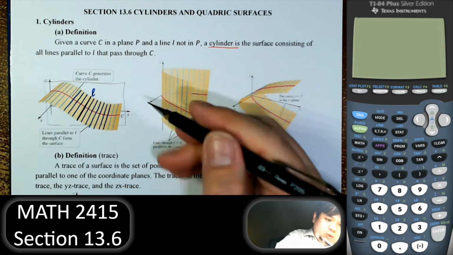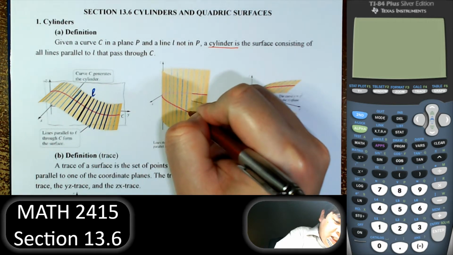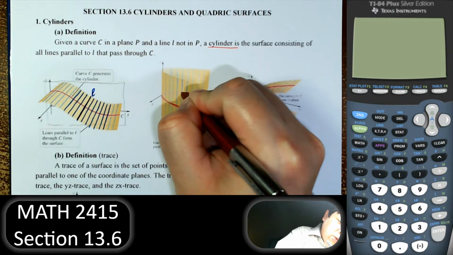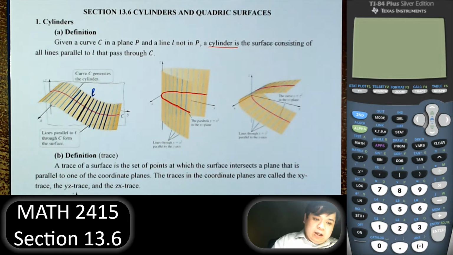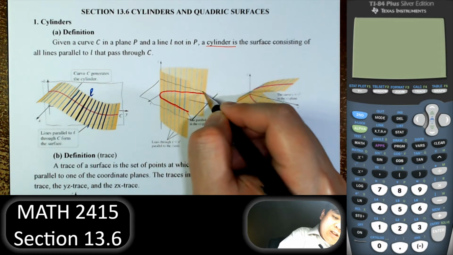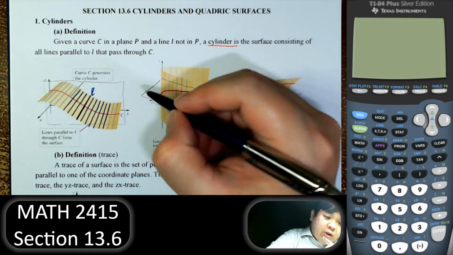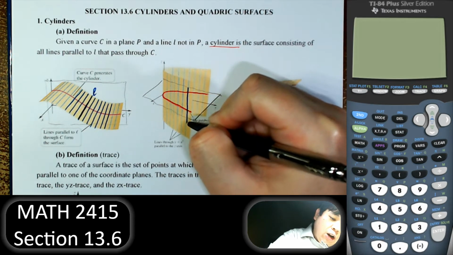We have the next one here. So first we're going to have a curve C. It could be anything. This time it is a parabola, and this is on the XY plane. So we have a plane and a curve on that plane. Whatever the line L is, it cannot be on the plane.